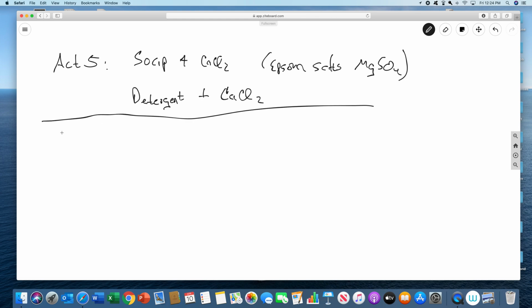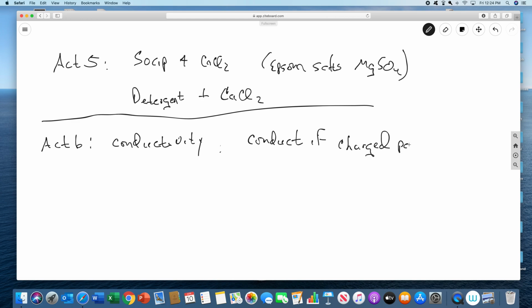And then the last one is activity 6. And activity 6 is conductivity. Conductivity, to conduct electricity, requires charged particles that can move.